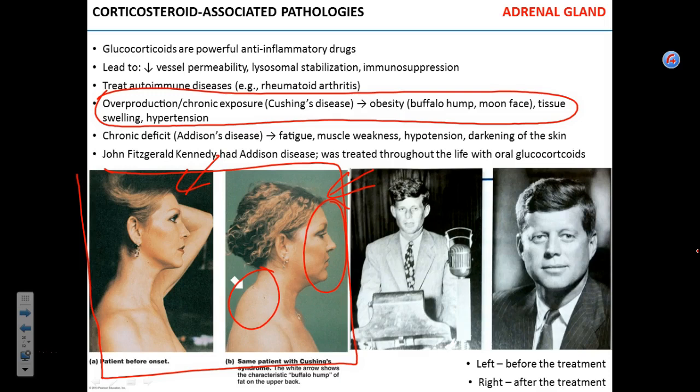Addison's disease is the chronic deficit of glucocorticoids. In this case, due to the lack of an important component of blood glucose regulation, the person becomes really tired, fatigued. One of the signs is skin darkening. So JFK was suffering from Addison's disease, and it was kind of covered up, as far as I remember.